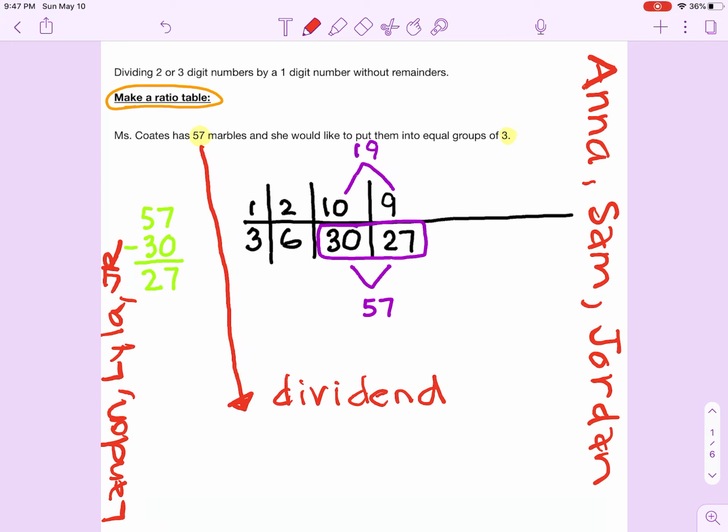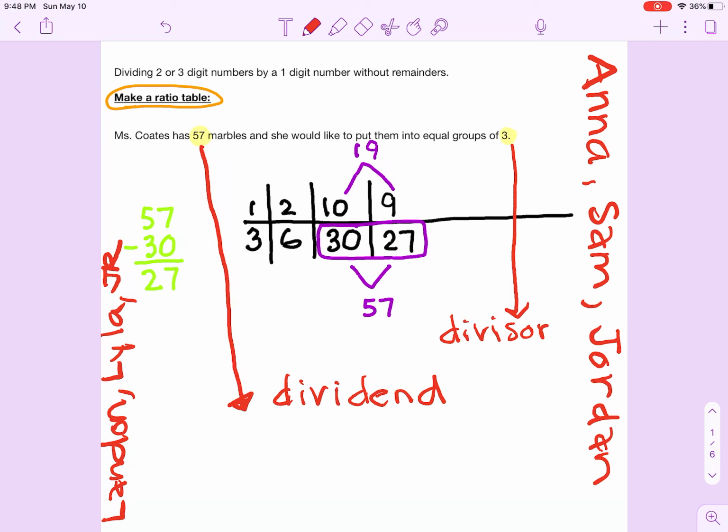The second number in the problem that I've highlighted, which is 3, is called a divisor. And that number tells us how many equal groups we're going to be dividing our marbles into. We want to try to divide these 57 marbles into 3 equal groups.